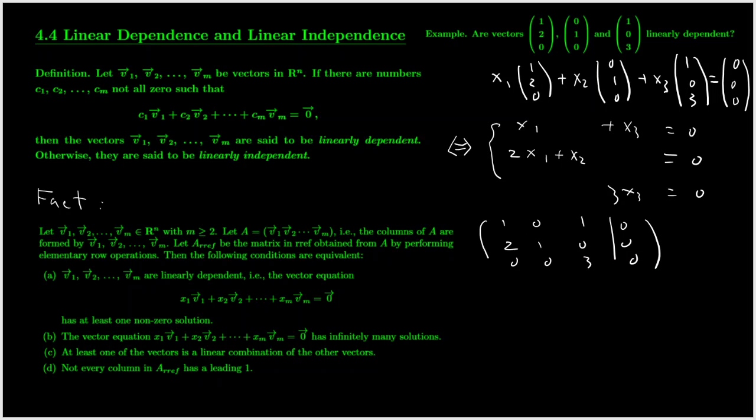I think we mentioned before, the system in here is what we call a homogeneous system. A homogeneous system is a system in which all the constants are zeros. Again, this is a homogeneous system because all the constants are zeros.